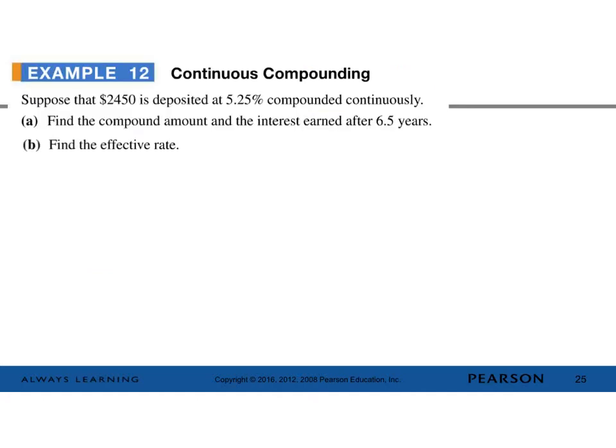So the question comes up, suppose you have $2,450 deposited at 5.25% compounded continuously. The formula for continuous compounding involves E, where in this case E doesn't mean effective rate.